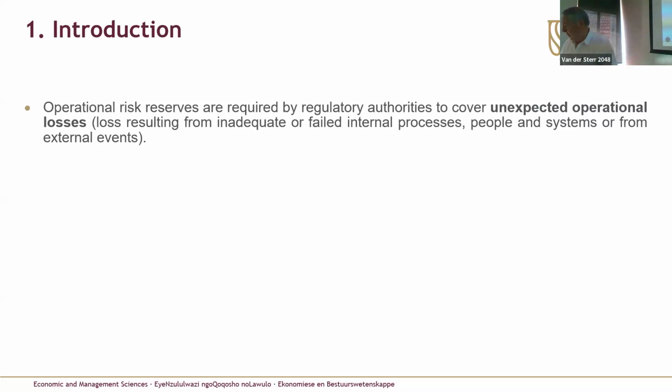Okay, a few points on operational risk. This has to do with unexpected losses, all kinds of losses due to people, due to systems, due to fraud, internal and external. So it comes in many different forms. And in the same way as market and credit risk, you have to budget for that happening.